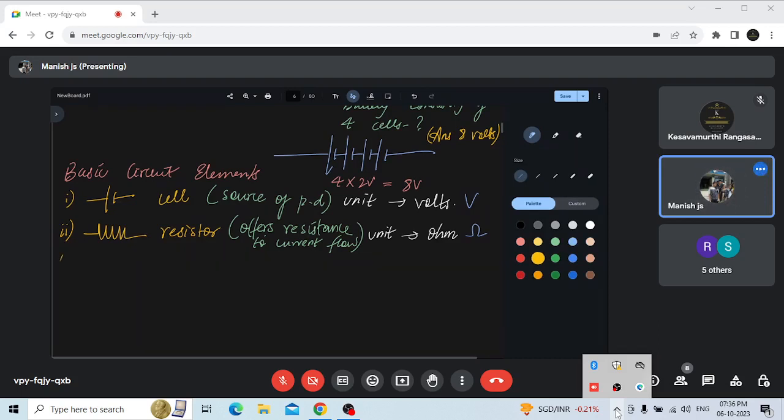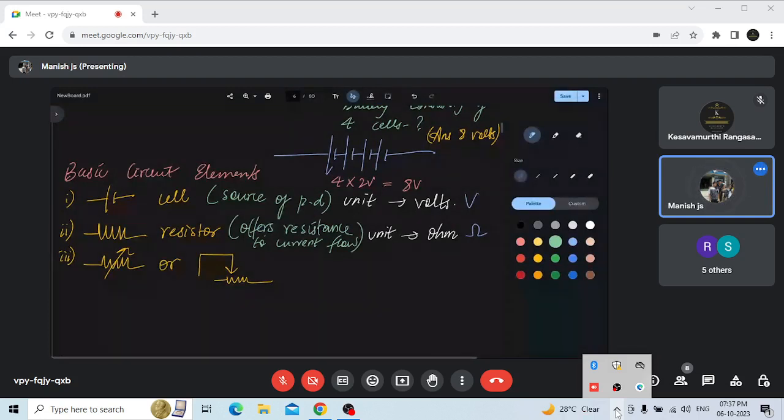Third one. So we're done with resistor. Have you come across this symbol? What is this symbol? This or this? Anybody?